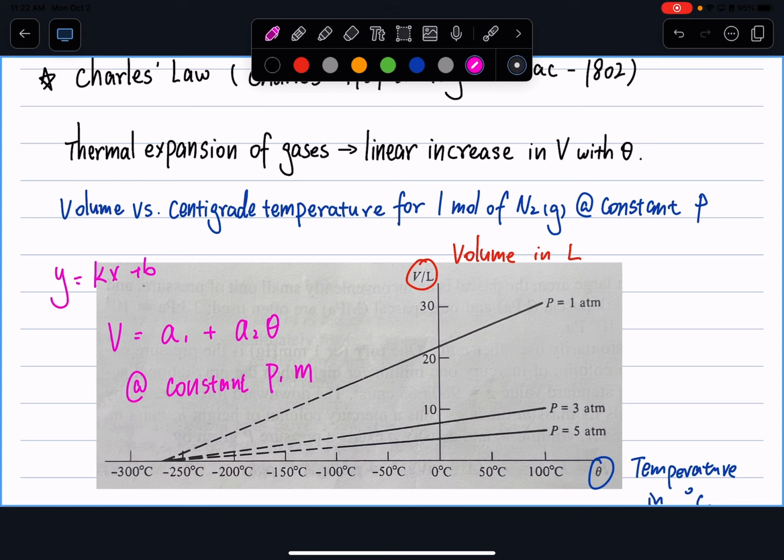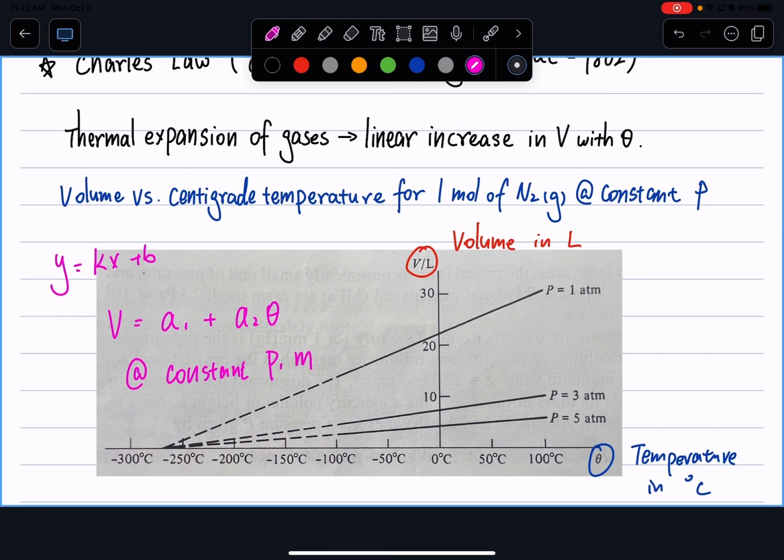So what exactly that means is we take the extrapolation, since the actual measurement cannot go all the way to absolute zero where the volume of that gas becomes zero. But we can extend our linear relationship by measuring that curve at different pressures.